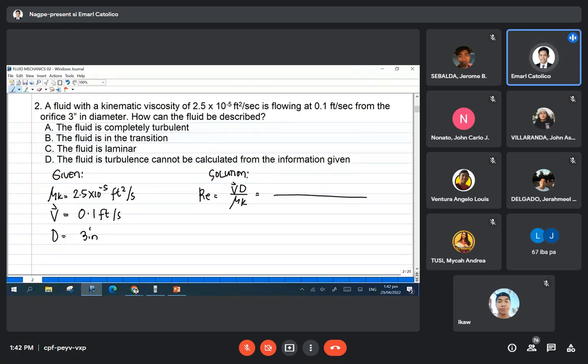Our velocity is 0.1 feet per second. Diameter is in inches, so convert it to feet: 3 over 12 feet, divided by kinematic viscosity of 2.5 times 10 raised to negative 5 feet squared per second. With cancellation of units, it should be unitless.